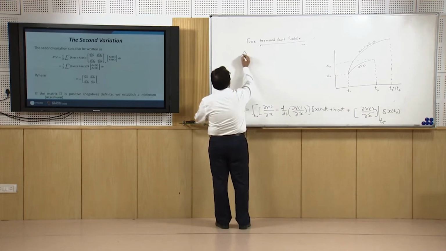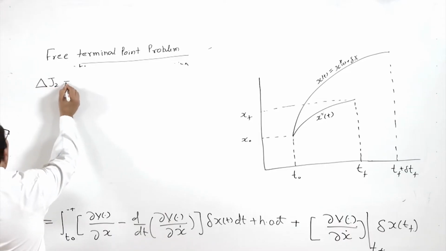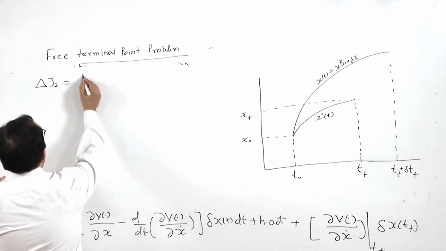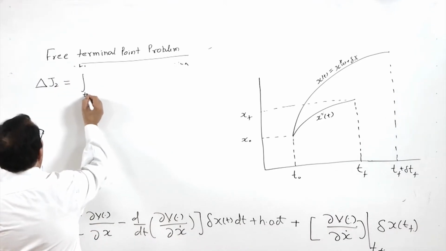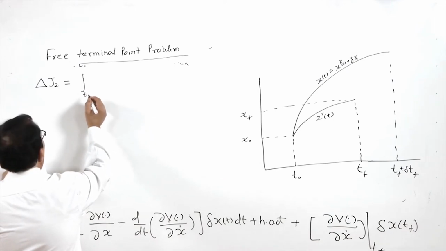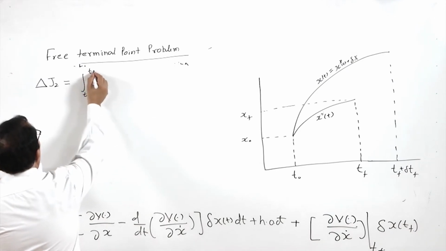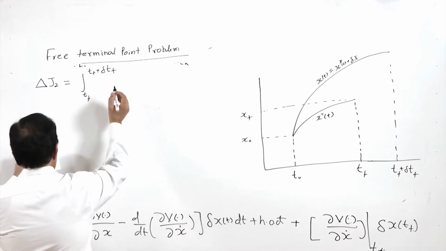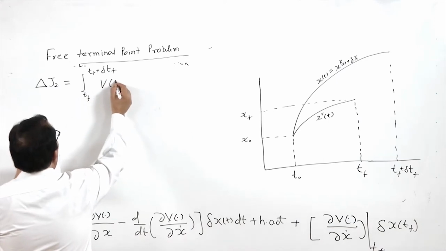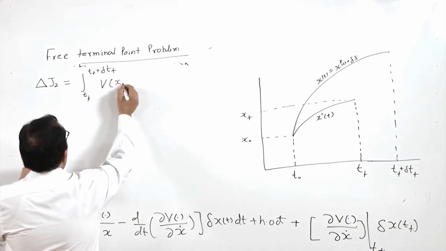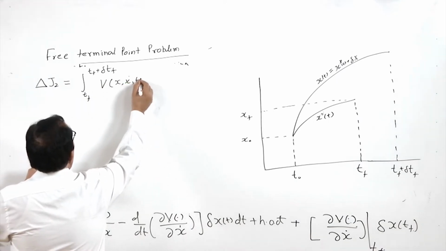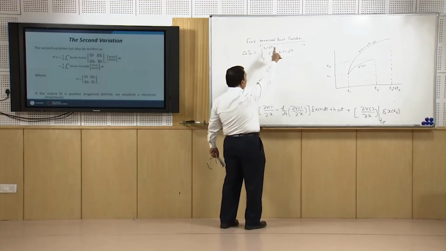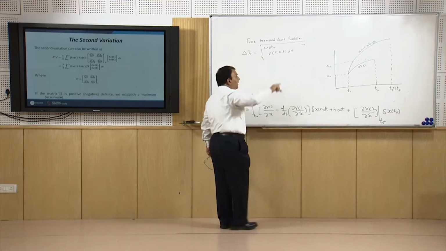So, delta J2 is considered as this integral from Tf to Tf plus delta Tf of V(x, x dot, t) dt. What actually does this integral represent here?